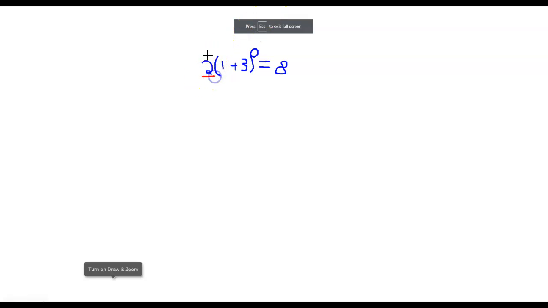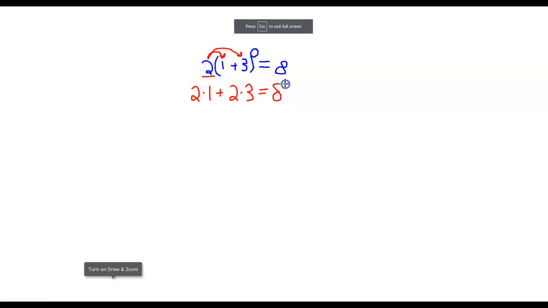I take this number out here, and I can multiply it by everything on the inside. So I've got 2 being multiplied by 1, and I'm adding that to 2 being multiplied by 3.